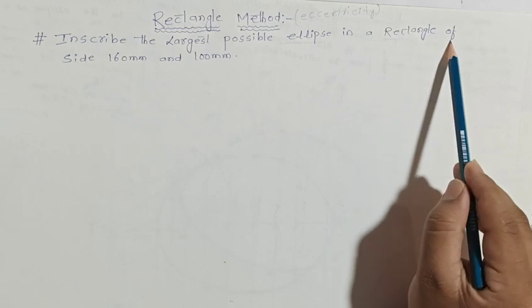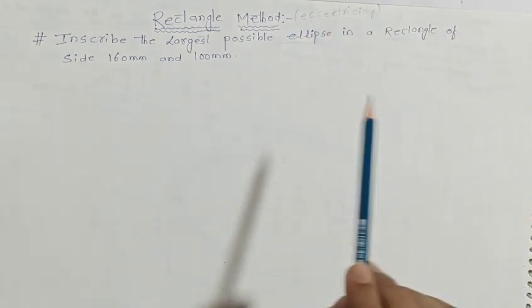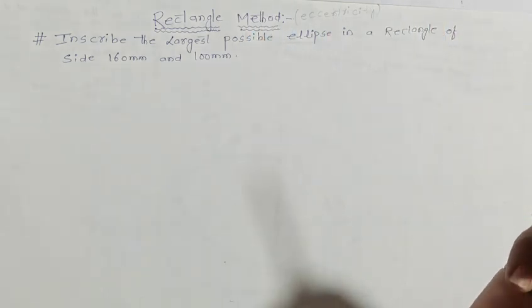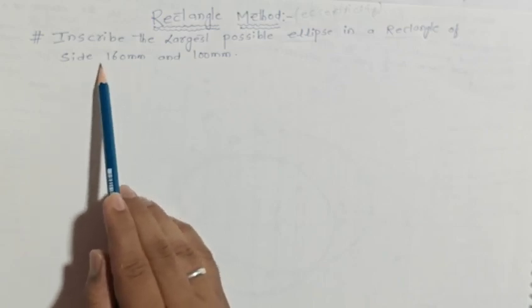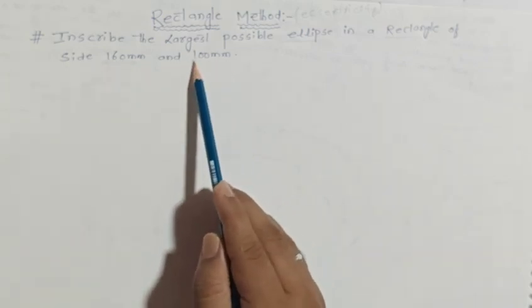So first thing is we need to construct the shape of the rectangle, and inside it inscribe the largest possible ellipse. How much is given? Length is given here 160 mm and height is given here 100 mm.